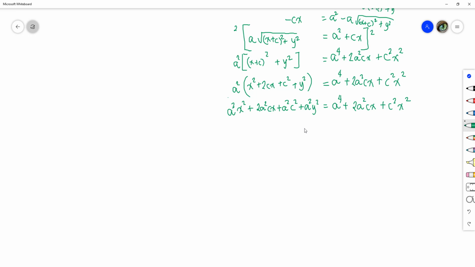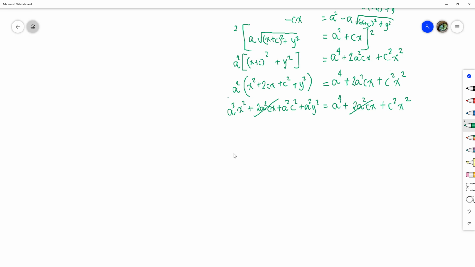In this case, this 2a squared cx can be cancelled out because on the right side, there is also 2a squared cx. So it cancels out.